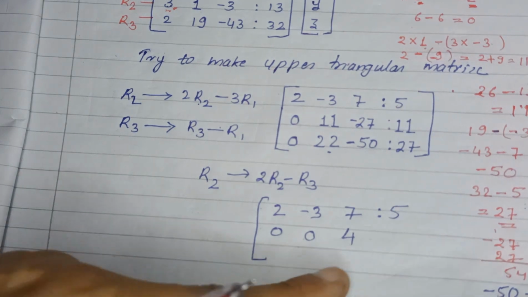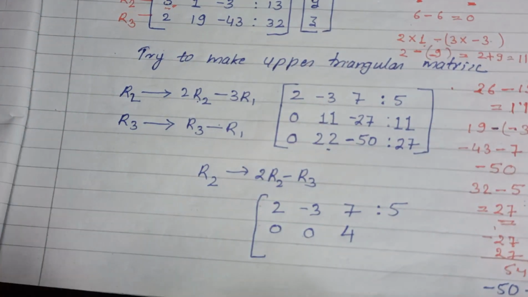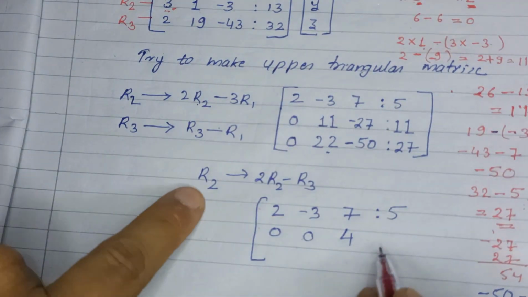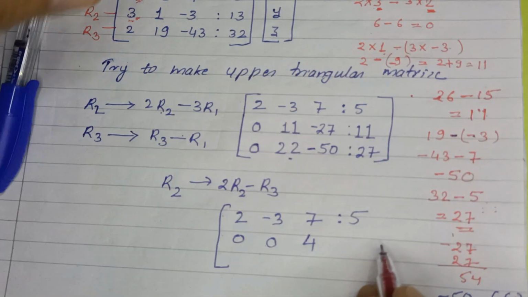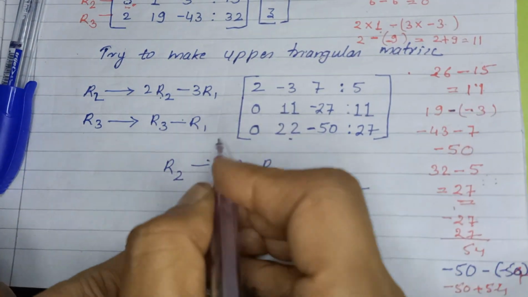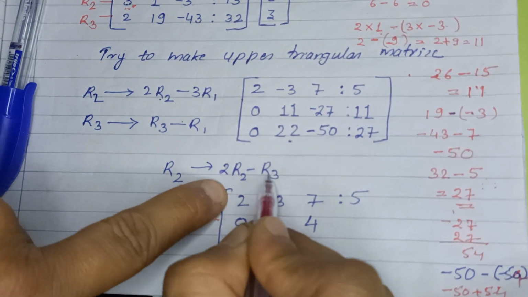Okay, and now let's go with the last one. Last time we were working with R2, this is row 2, and we did 2R2 minus R3.